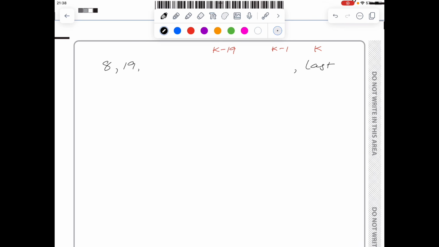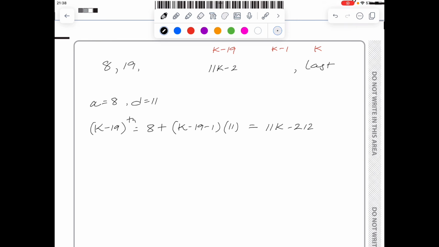So using the formula for the nth term with A equals 8 and D equals 11, the (K minus 19)th term is equal to A plus (n minus 1)D. And if you expand and simplify this, you will get 11K minus 212, and that's the term at position K minus 19.